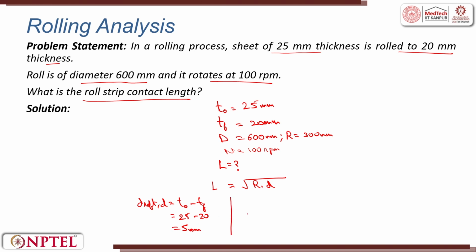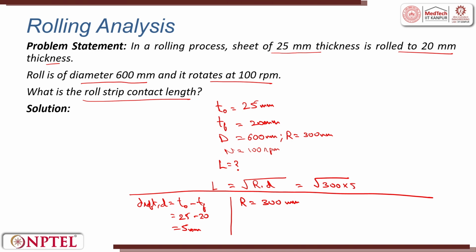And roll radius R is equal to 300 millimeters. Therefore, the contact length turns out to be the square root of 300 into 5, that is the square root of 1500, which is equal to 38.72 millimeters. Very simple calculations. The roll strip contact length is given by this relation.